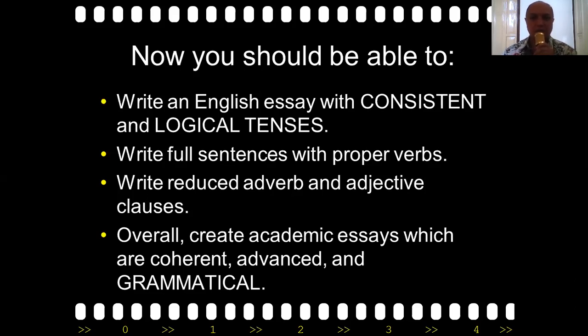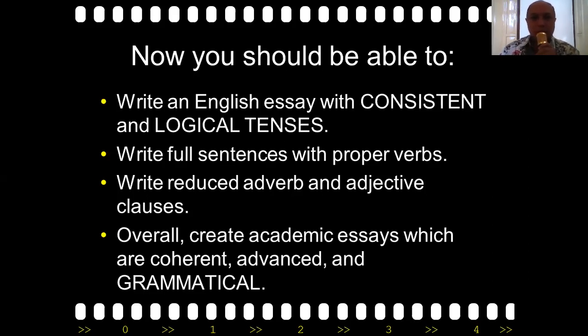So suppose you are writing something which is a habit or a common truth, then you use present tense. But then once you want to shift to a previous experience, then you shift to past tense.